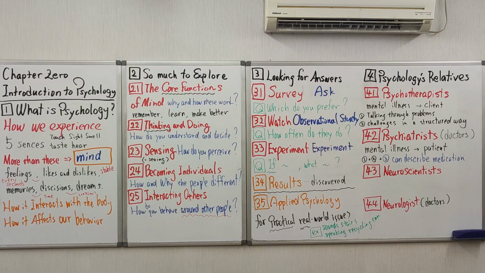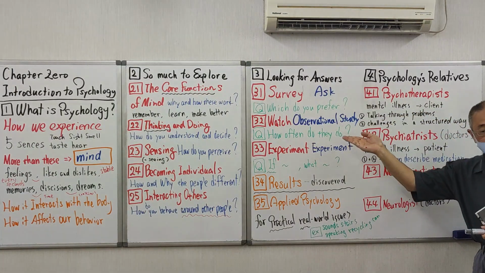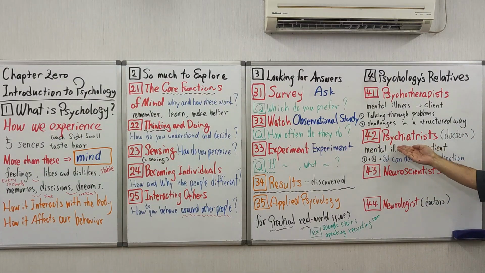A psychotherapist is a worker who has a client with a mental illness, and a psychiatrist is a doctor who has a patient suffering from mental illness. So the mental illness is exactly the same. What's the difference? It's only whether they are a doctor or not.